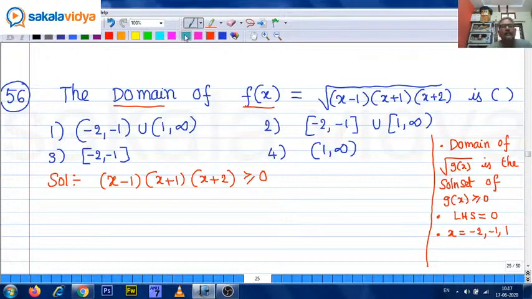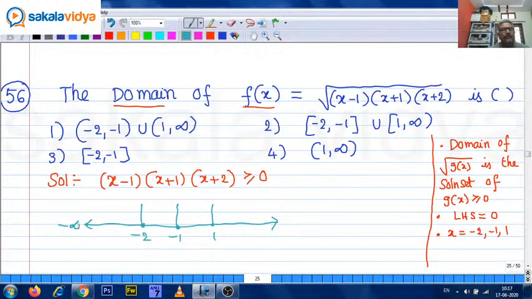Okay, so now the number line. So -2 is less than -1. After that -1, arranged in ascending order, 1. Now there are 4 intervals.